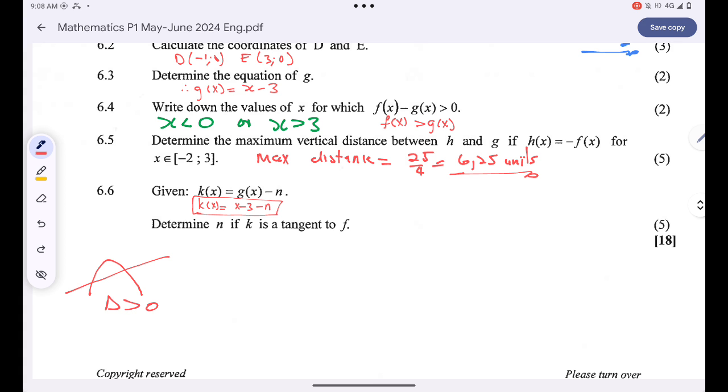Are you together? If the two do not intersect, they are just far apart, delta for the intersection is less than 0. But if the two are tangential to one another, the line just touches the curve, it simply means that delta for the intersection is equal to 0. So I'm looking for the values of n so that k is a tangent. I'll go back to my nature of roots, find the equation of my intersection, make delta for that intersection equal to 0, and then solve for n.